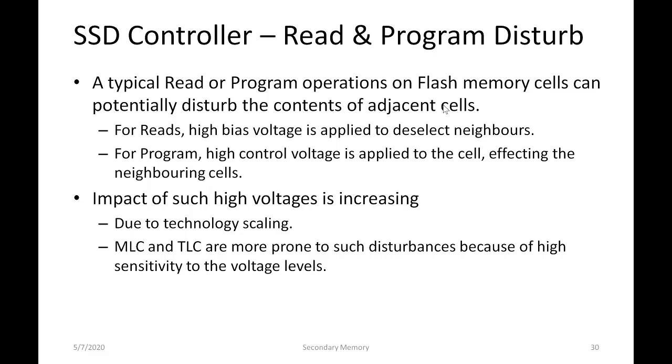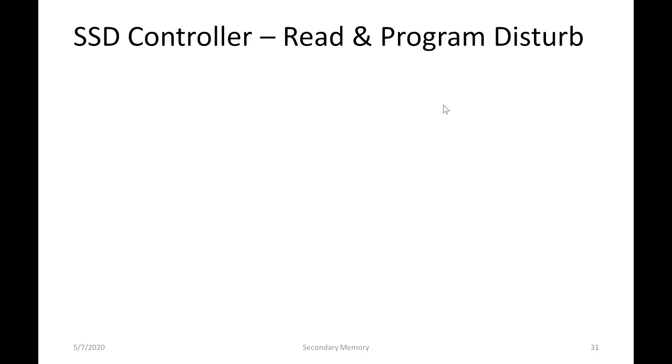They are much more sensitive than SLC cells. Also, even if we read the same set of cells time and again with high frequency, it can result in disturbance of its neighboring cells.